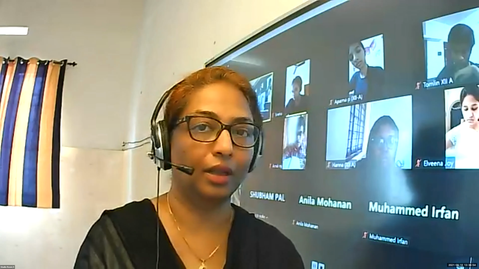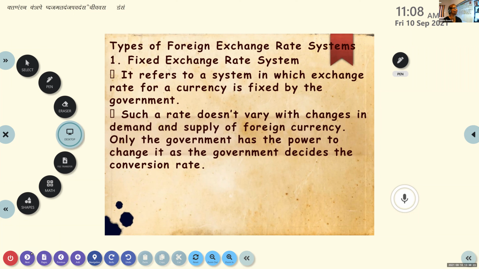Okay, in this we have two important types: one is a fixed exchange rate, another one is a flexible exchange rate. Now, fixed exchange rate, from that term itself, we know that the rate is fixed. Flexible in the sense it changes or fluctuates.